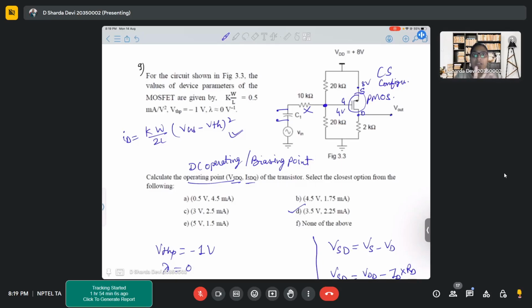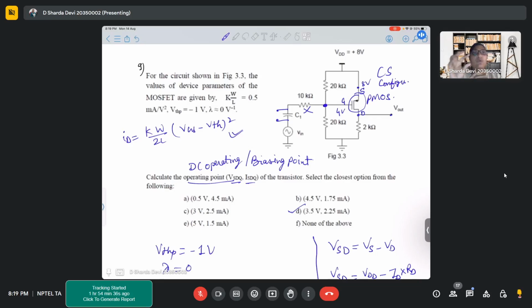But while solving your theoretical problems, we consider one type of source at a time. So we either consider the DC source or we consider the AC, to simplify our calculations.